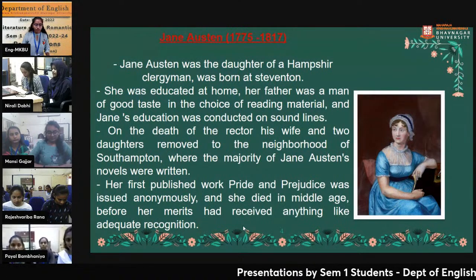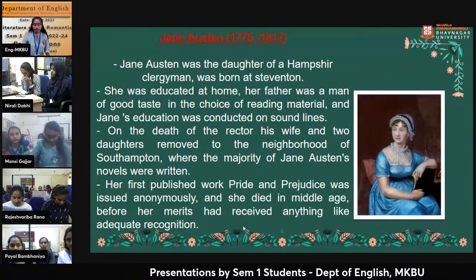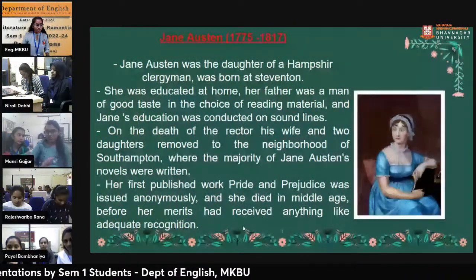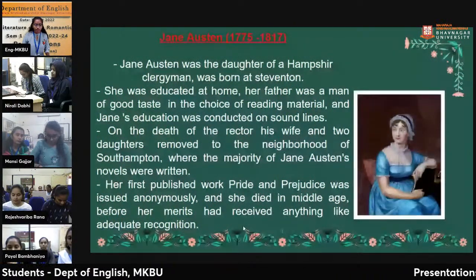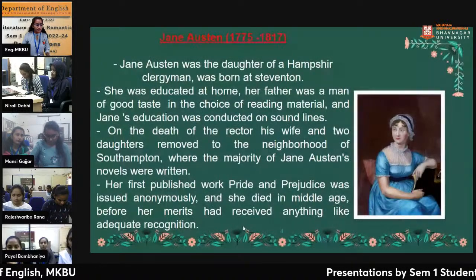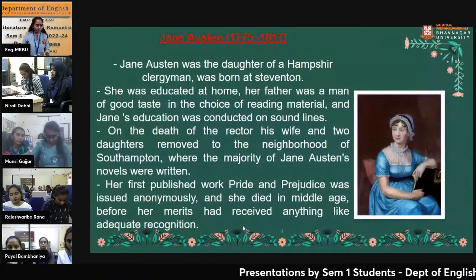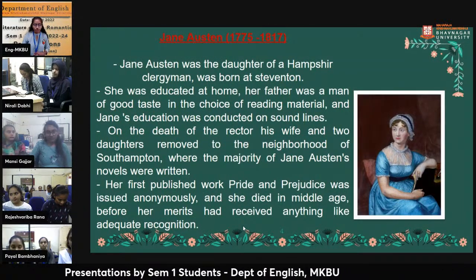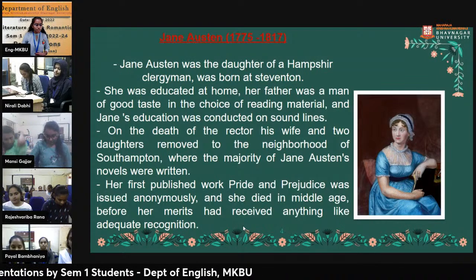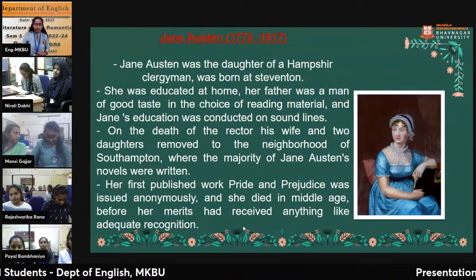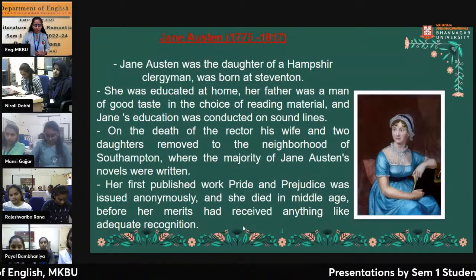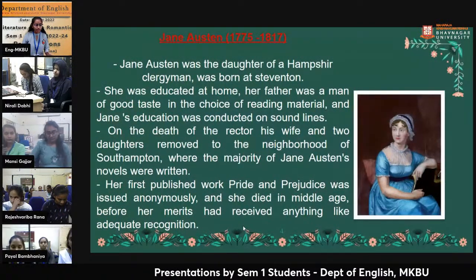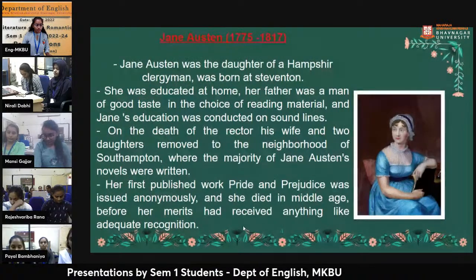On the death of the rector, his wife and two daughters removed to the neighborhood of Southampton, where the majority of Jane Austen's novels were written, and her first published work is Pride and Prejudice, and it was issued anonymously, and she died in middle age before her merits received anything like adequate recognition.